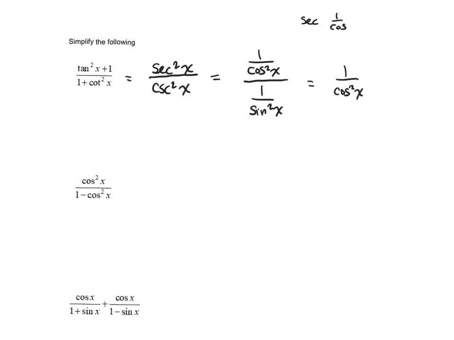So this is 1 over cosine squared x times sine squared x over 1. So that is going to give me simply sine squared x over cosine squared x. But if you remember from our identities, sine divided by cosine was tangent. So sine squared divided by cosine squared is tangent squared.